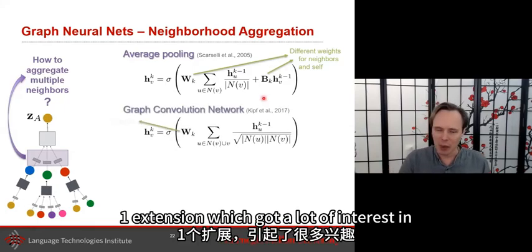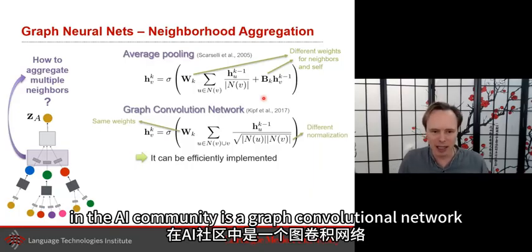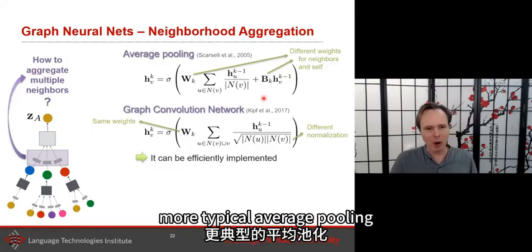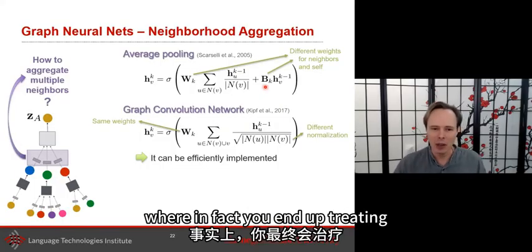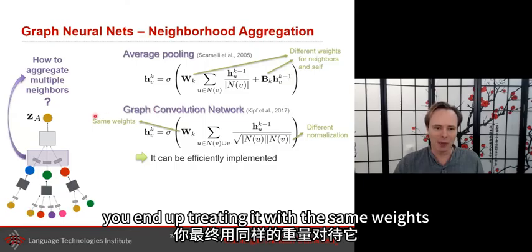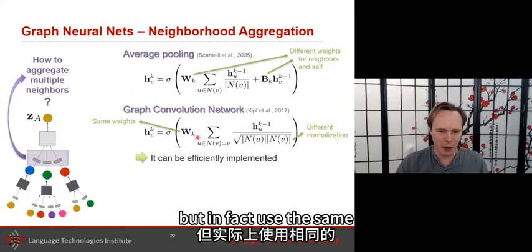One extension which got a lot of interest in the AI community is the graph convolutional network. It's a small change from the more typical average pooling, where you end up treating yourself, the self node, with the same weights. So you don't learn a different W or B_k, but in fact use the same.